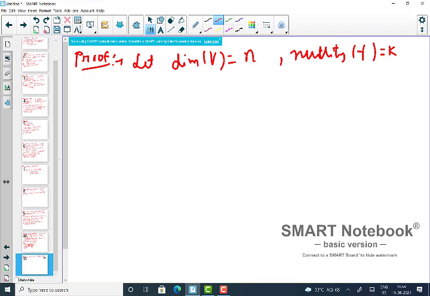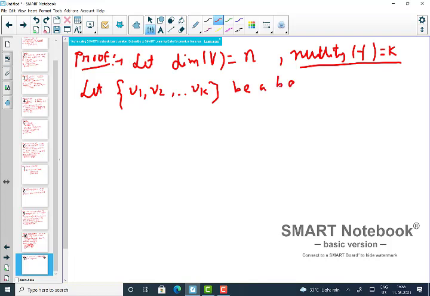Okay, so obviously you can choose a basis from this null space. So let v1, v2, up to vk be a basis of this kernel of f, the null space.